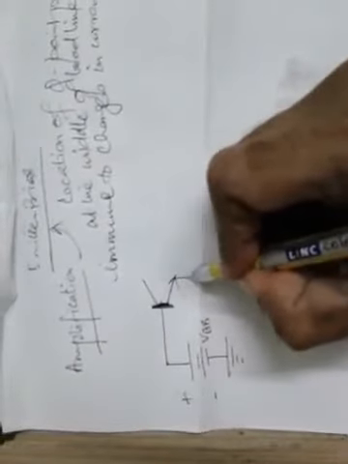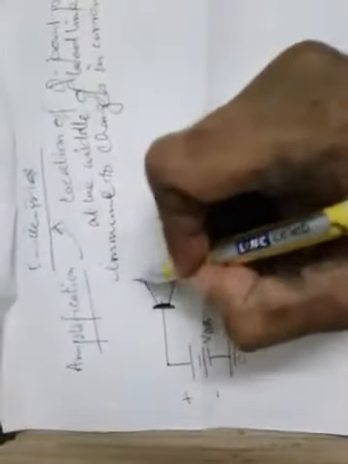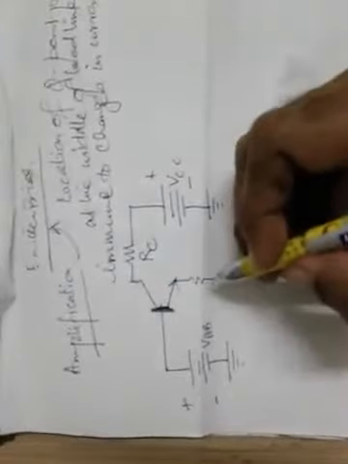And the collector terminal is connected with collector resistance and with a biasing voltage VCC. This is as usual. Now a new resistance RE is connected between the emitter terminal and ground, in this case for emitter bias circuit.